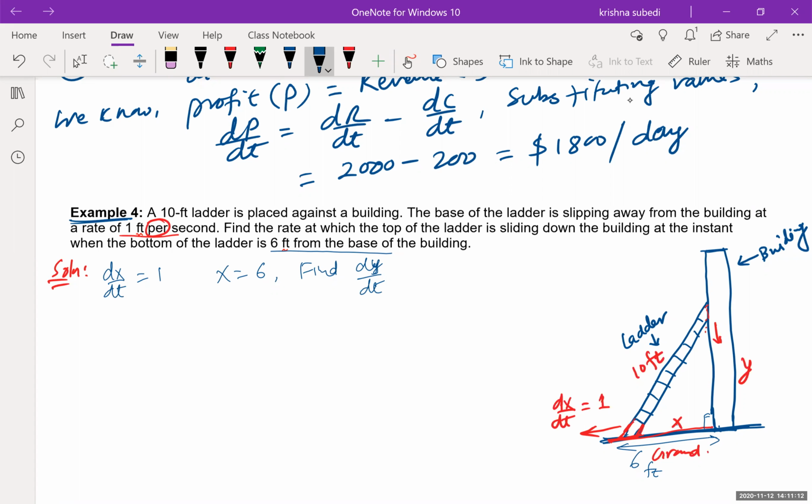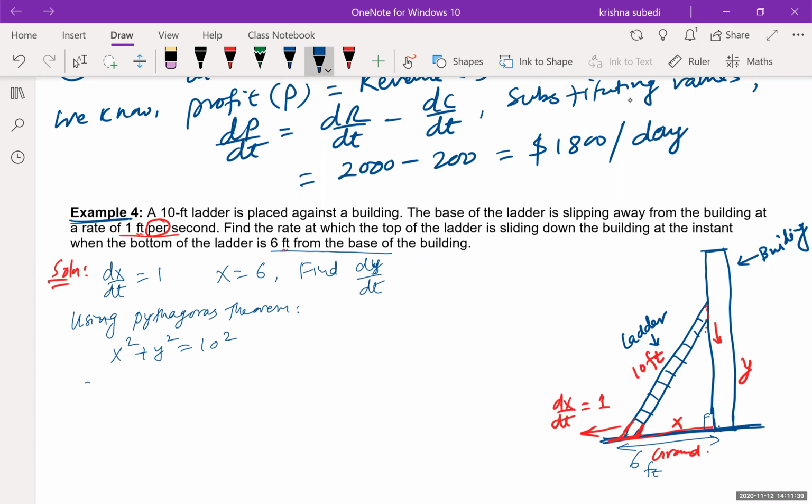So using Pythagoras theorem, we can say that x squared plus y squared equals 10 squared, right? Now we have the equation. So now we differentiate both sides.